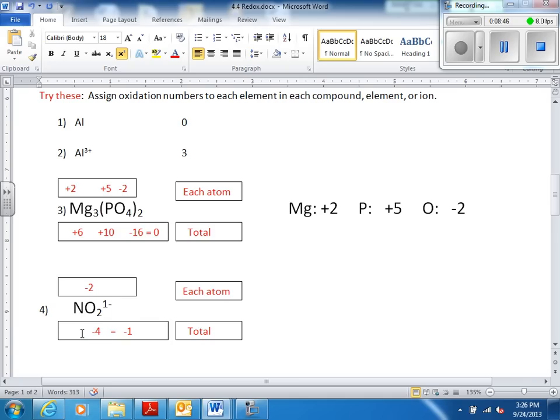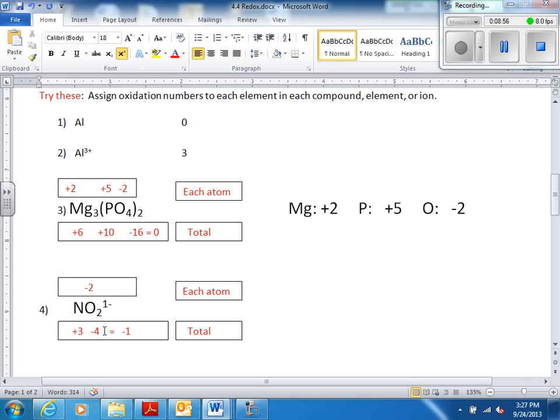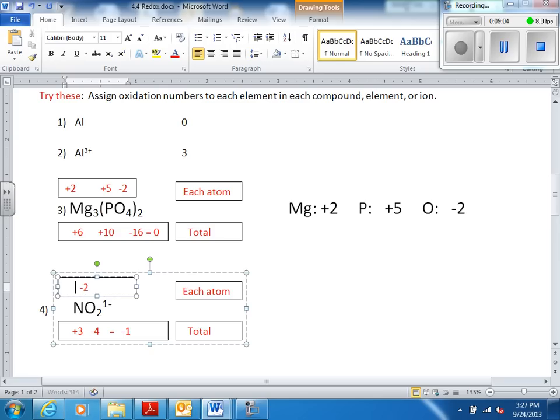So each nitrogen must be +3, because 3 minus 4 is -1, and we have to add up to that total charge. And I only have 1 nitrogen, so that lonely little nitrogen is +3.